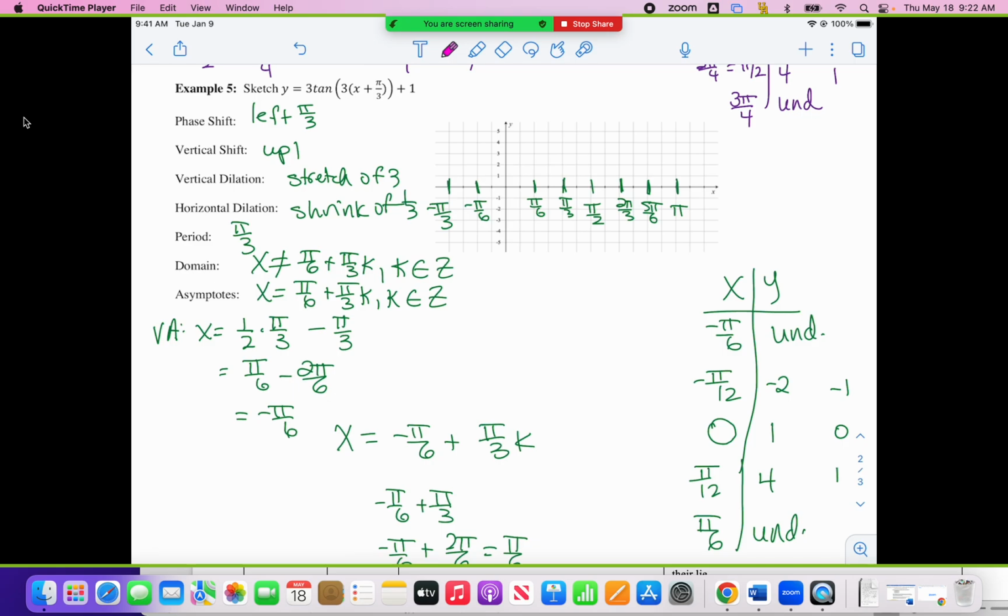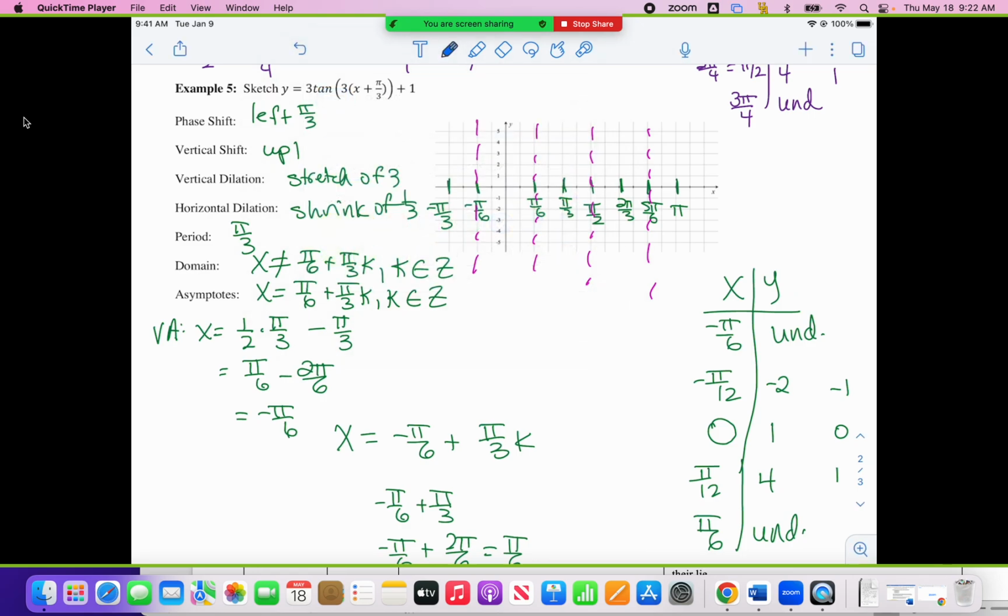So I'm going to put a vertical asymptote at negative pi over 6 and pi over 6. If this repeats every pi over 3, where would I find the next vertical asymptote? Good job. You're just going to count 4 ticks. That's pi over 2, and then you're going to see one at 5 pi over 6.